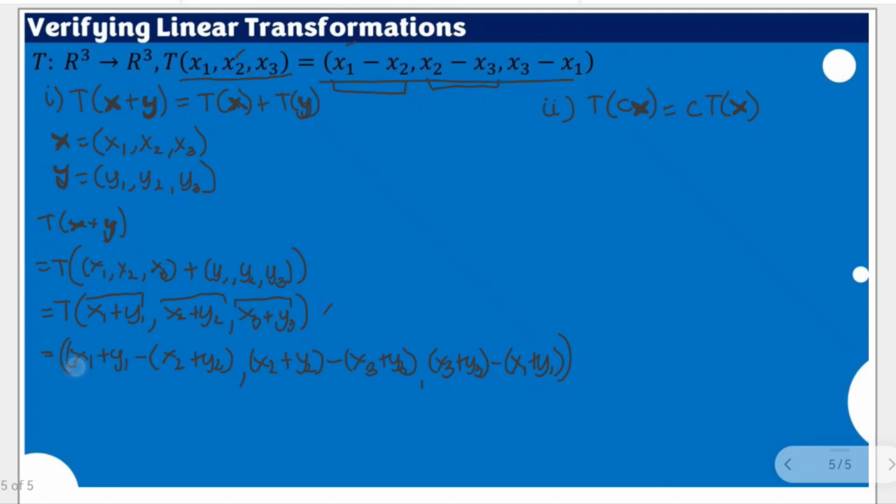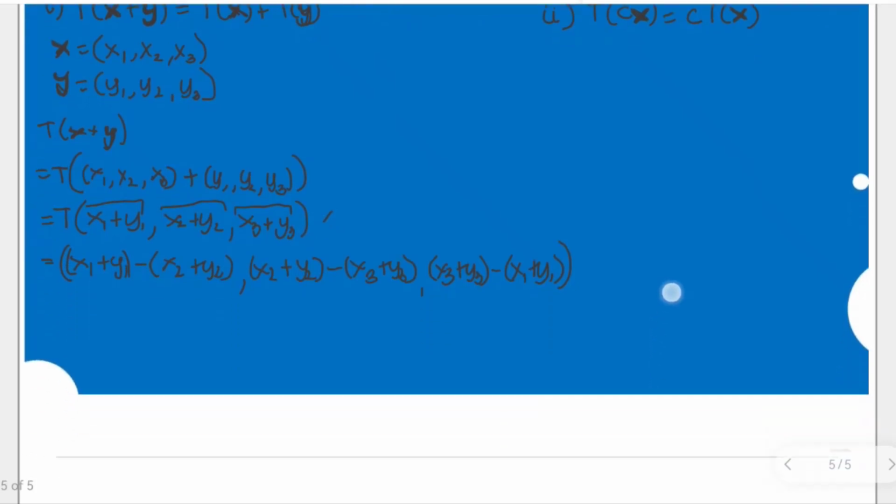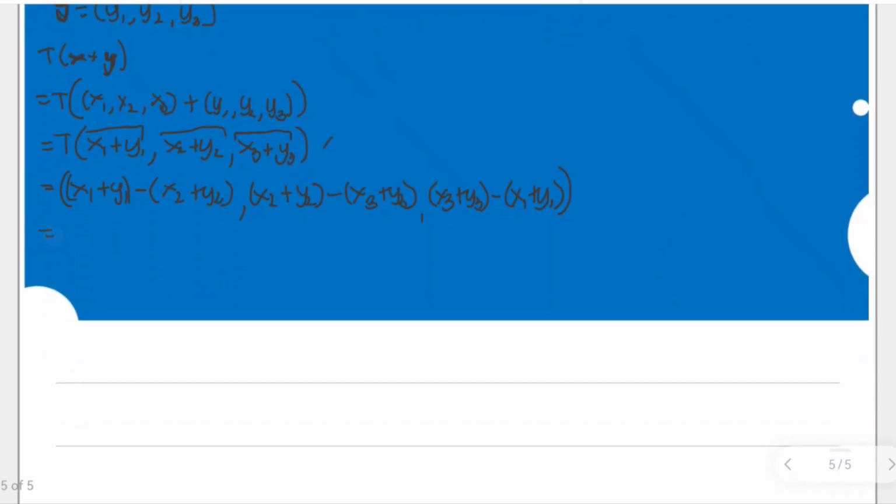Of course, I could also write parentheses here. Now we distribute the negative signs. So you'll have x sub 1 plus y sub 1, minus x sub 2 minus y sub 2. Next, x sub 2 plus y sub 2, distribute again, minus x sub 3 minus y sub 3. Then x sub 3 plus y sub 3, distribute that, minus x sub 1 minus y sub 1.